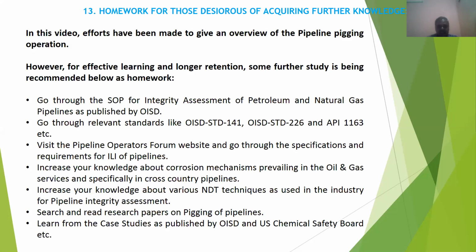Increase your knowledge about various NDT techniques used in the industry for pipeline integrity assessment. Search and read research papers on pigging of pipelines. Learn from the case studies published by OISD and US Chemical Safety Board, etc.